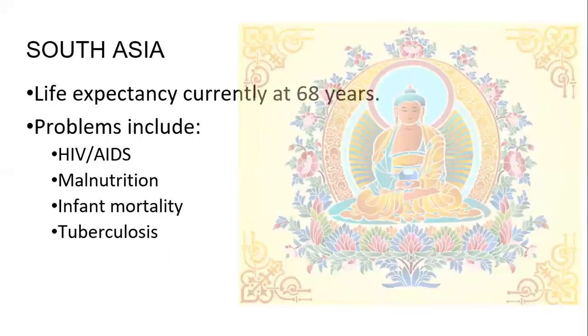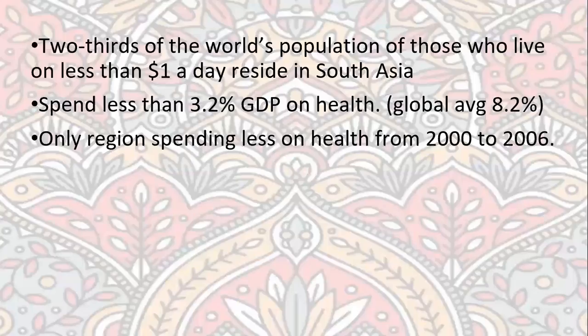Now, looking at South Asia as a whole, life expectancy is currently at 68 years. Problems include HIV, AIDS, malnutrition, infant mortality, and tuberculosis. And 2/3 of the world's population of those who live on less than $1 a day reside in South Asia.